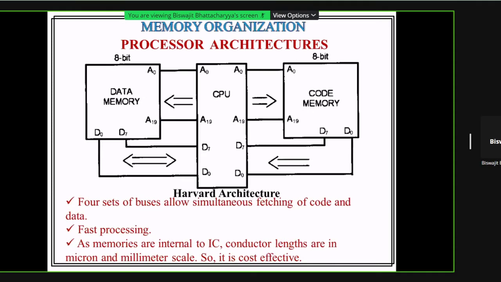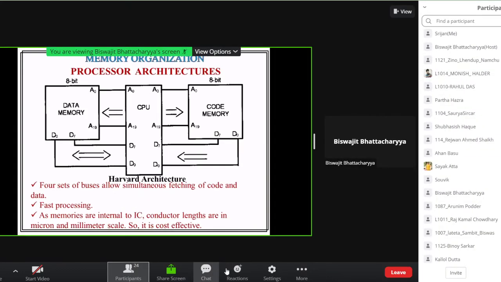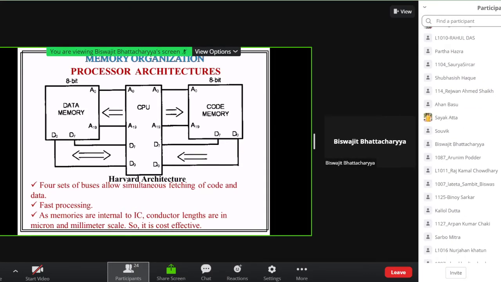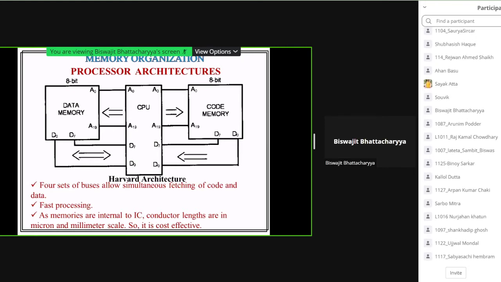But in a microcontroller, mainly the code memory and data memory are either present inside the microcontroller or present externally, but very close to the microcontroller. So the length of the conductor is very small.